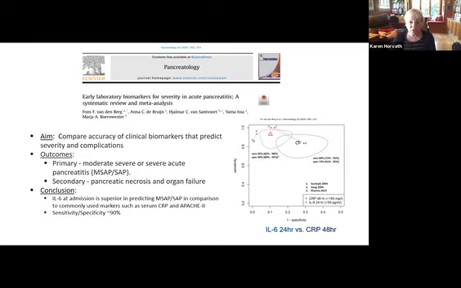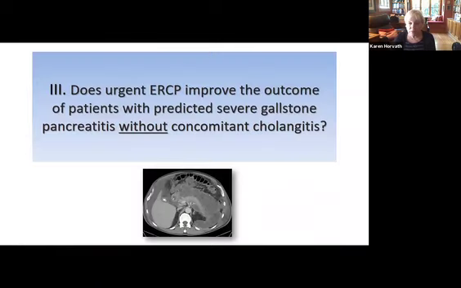And the conclusion was that IL-6 at admission at 24 hours is actually superior in predicting the development of SAP in comparison to commonly used markers like serum C-reactive protein and the APACHE II score, with a sensitivity and specificity of about 90%. So it's pretty accurate, and I know it's going to change my own practice for sure.